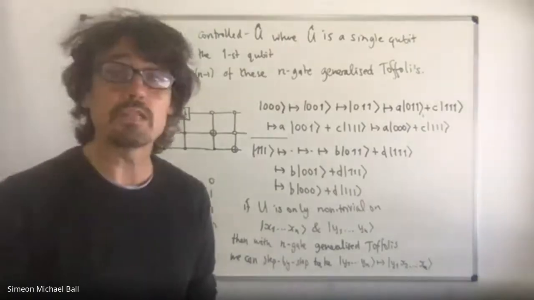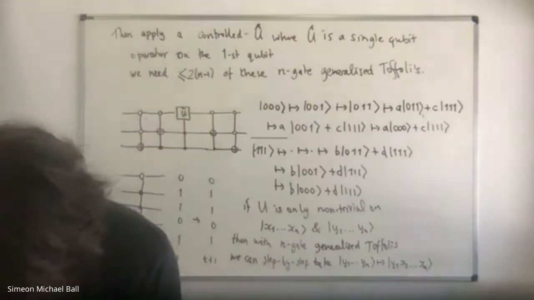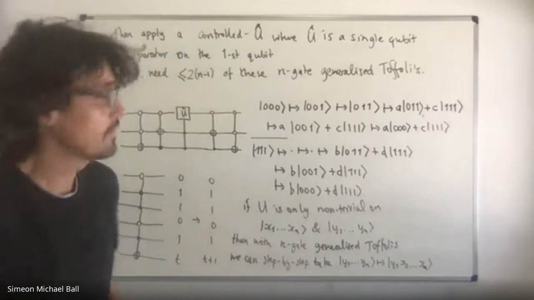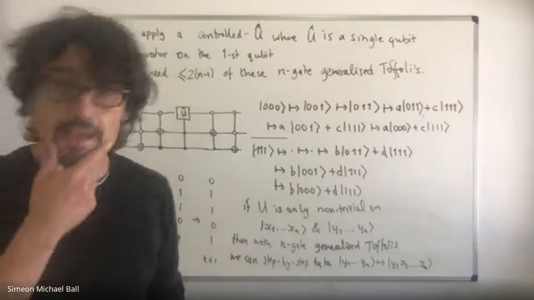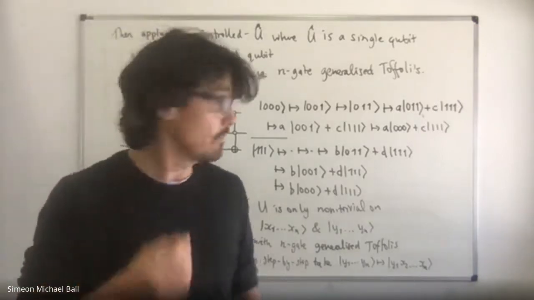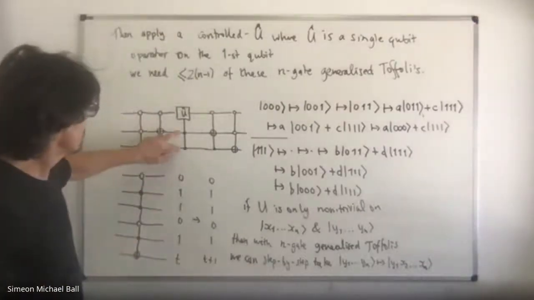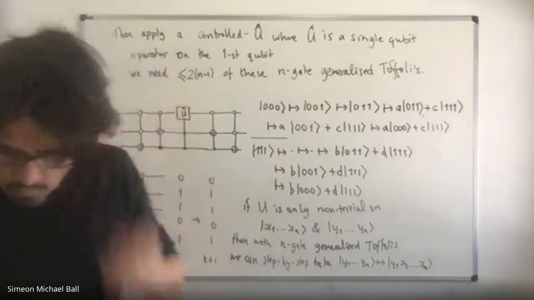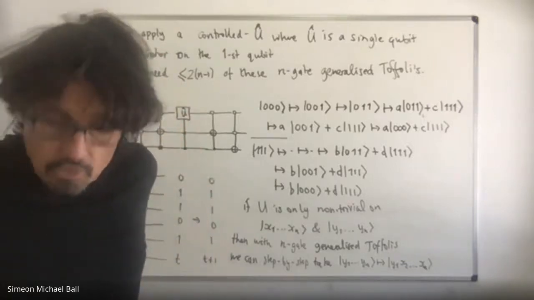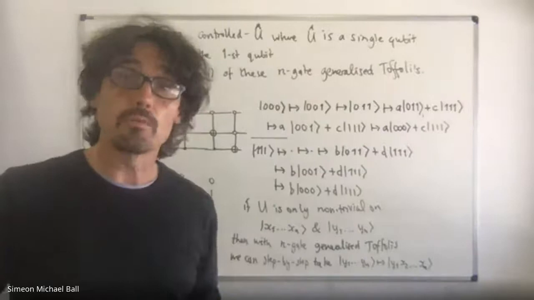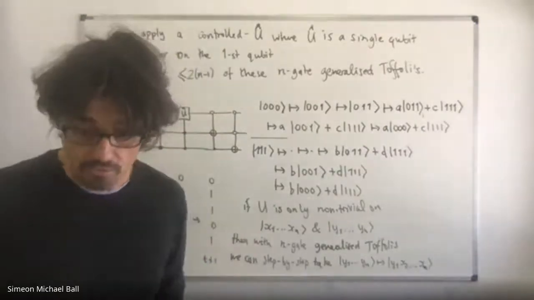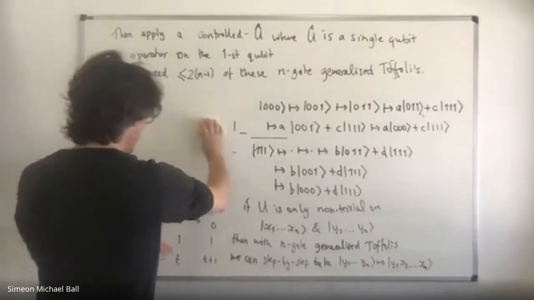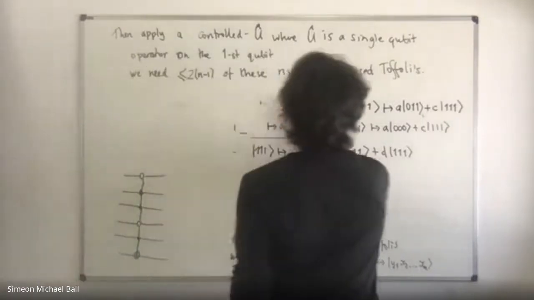We will see in exercise 2 that you can implement a Toffoli, so that would be with controlled 2 things here and an X here, with just 3 single qubit operators and 2 C-NOTs. But what about the general n one that we got here, for example?